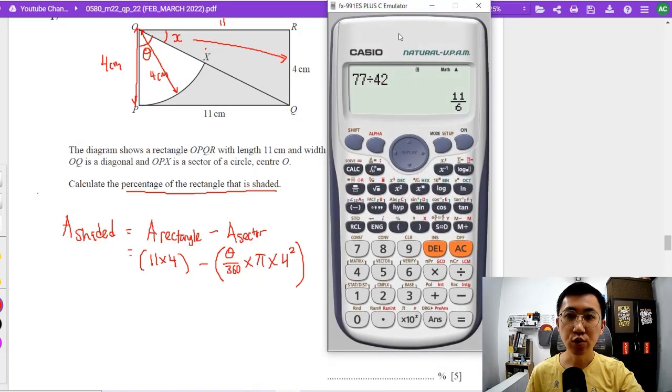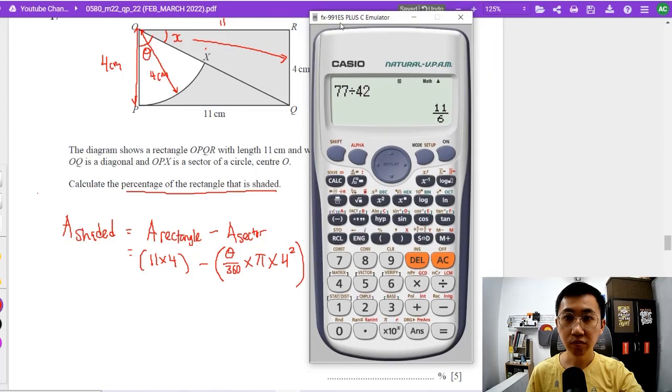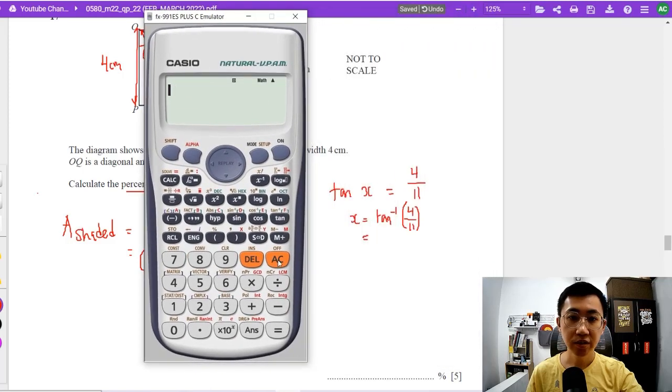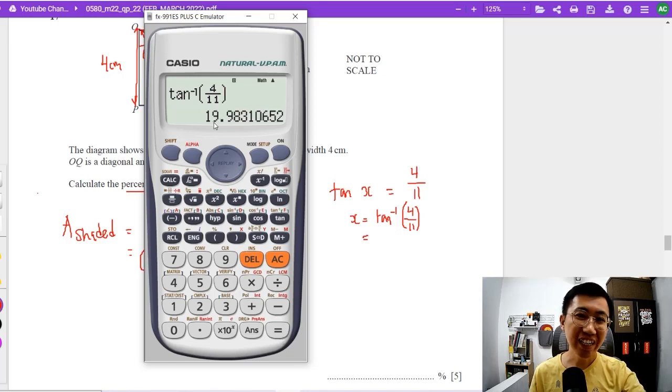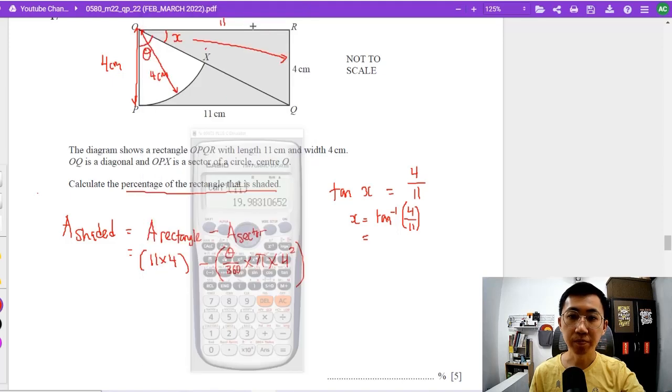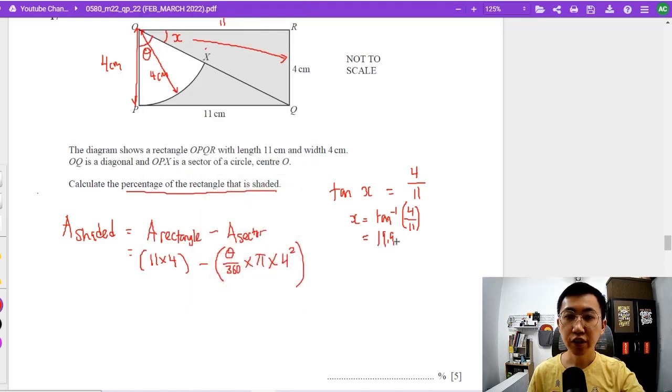So use the calculator for this. Shift tangent, 4 over 11, close and press equal. Your angle is 19.983 degree. Remember, this angle here, we call it x, is 19.983.